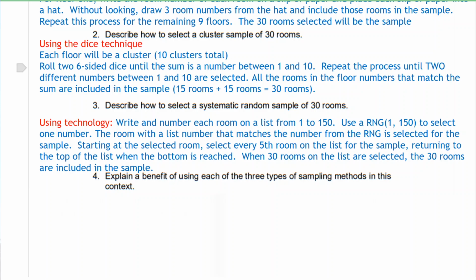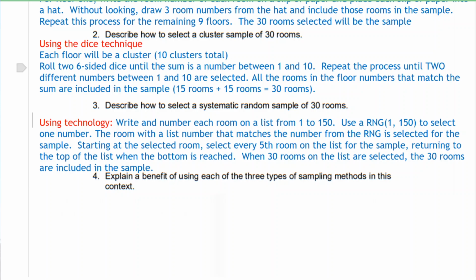We're going to use a random number generator from 1 to 150 to select one of the rooms. The room with that list number that matches the number from the random number generator is going to be selected for the sample. So if our random number generator gives us 110, then the 110th room on the list will be in the sample.